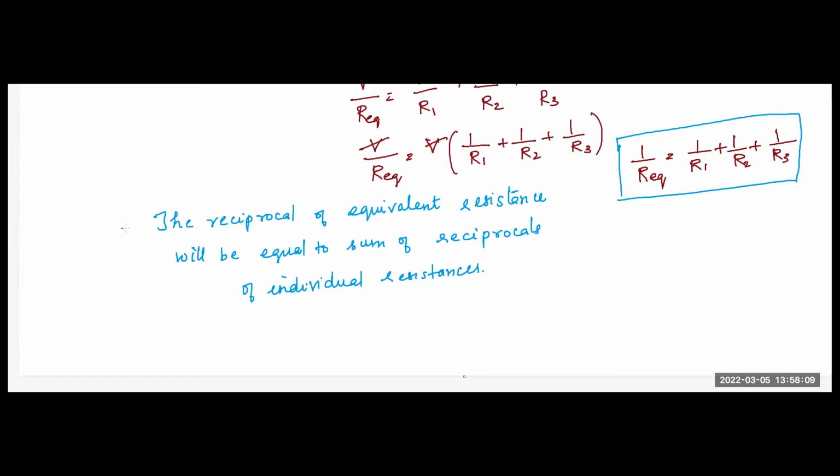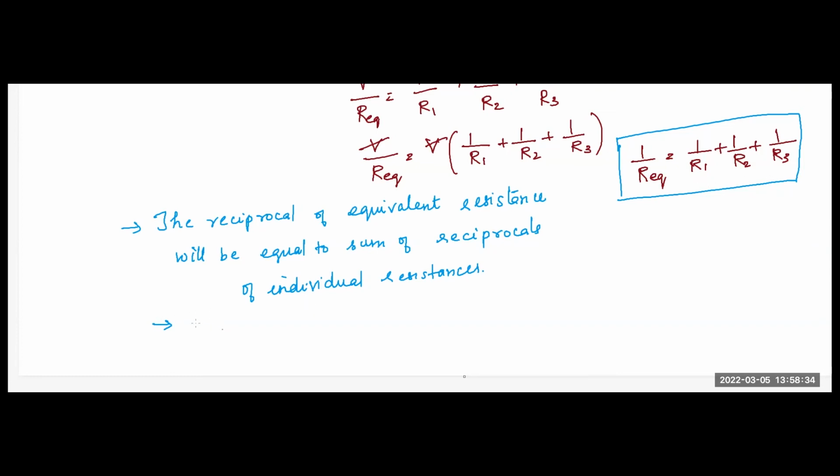So this is the peculiarity of the parallel combination. Another main feature of the parallel combination is that the equivalent resistance of the parallel combination will be less than any of the individual resistances.